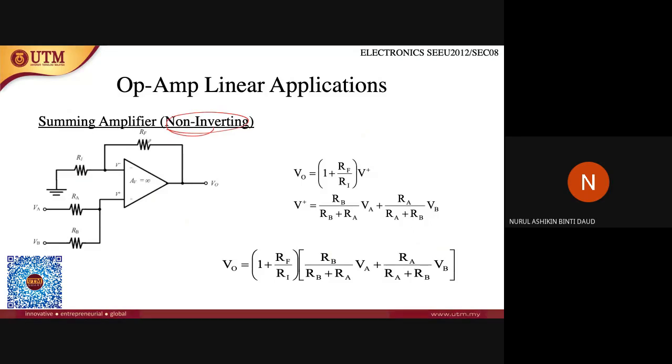For this configuration, same as the inverting, you have to recall again the non-inverting amplifier, where Vout is equal to (R1 plus RF) over R1 times Vin, or V plus, right?